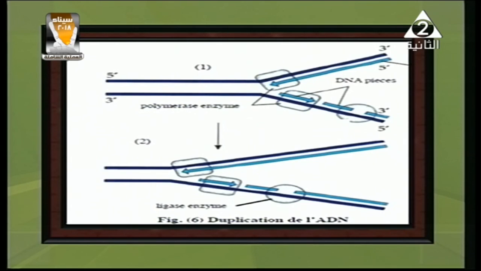Here we have the polymerase enzyme, which works in parallel to another enzyme: one of them separates the strands, and on the same side the polymerase brings the monomers or nucleotides to make the complementary side of the strand.